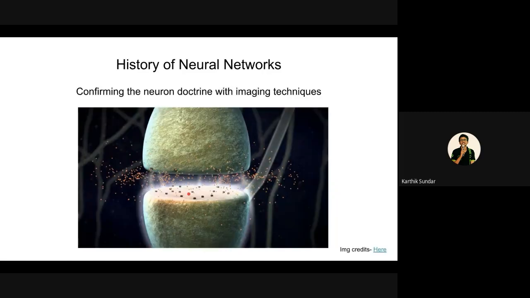And later, with the latest advancements in imaging and electron imaging, the theory was validated again and again. Let's say there are two neural cells, and there is some communication between them. That's what we found at the end of every research: the neural network consists of discrete individual cells, with some communication between them. That's it, nothing else.